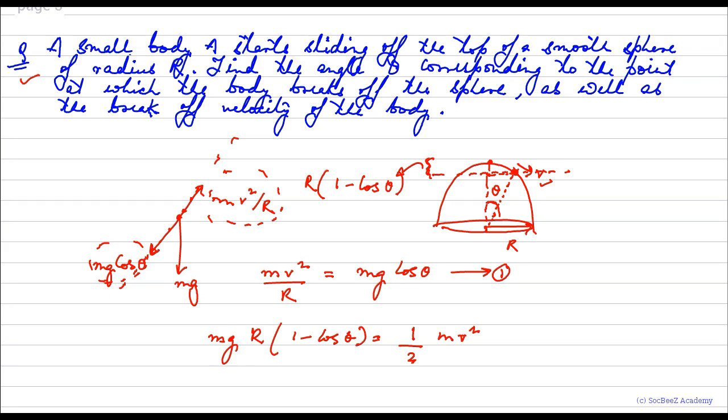So from here I get mv square by r as 2mg into 1 minus cos of theta. Okay, fine. Basically this was my second equation.